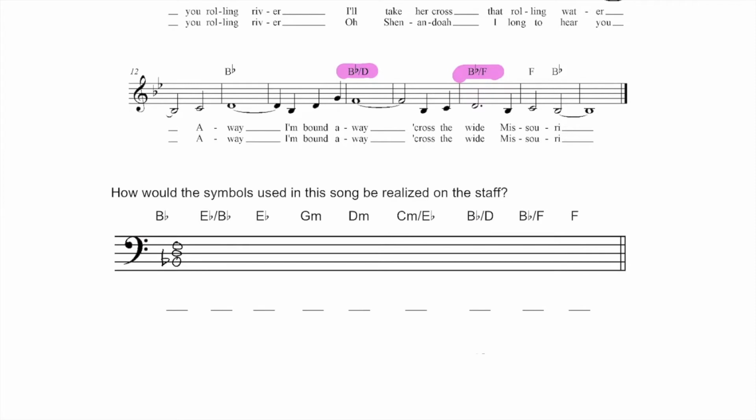So I see a slash with a B flat. That means I'm going to take the B flat and make it the lowest sounding note, so that I realize the chord like so. E flat major, but with B flat as the lowest sounding note.